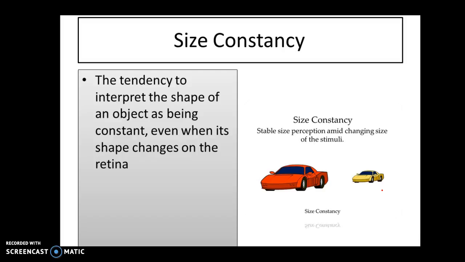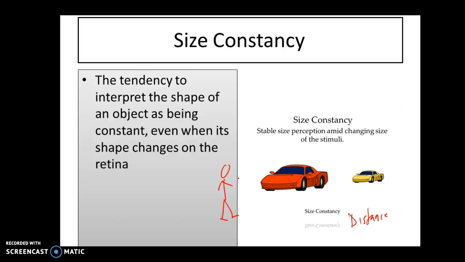Size constancy. Now, we know the shape and size of cars for the most part. And yes, there are some cars bigger than others, but for the most part, we understand how large cars are in general. We also know that if we're over here, our little handy-dandy stick figure, as the car comes closer to us, so we're talking about distance, the image on our retina will be larger. We do not think that the car is growing in shape if it's coming closer to us, because further away, it was a smaller image on our retina.